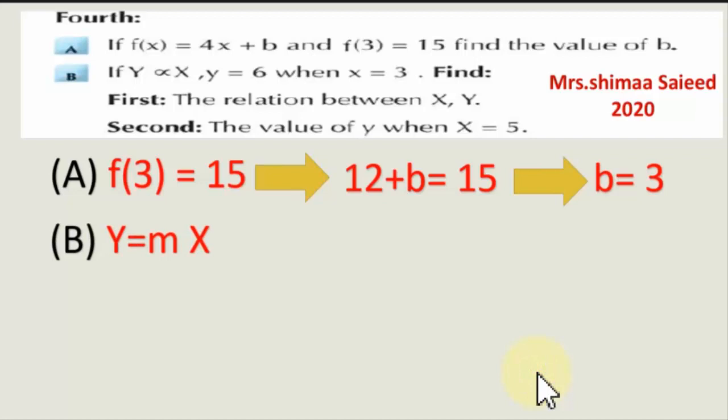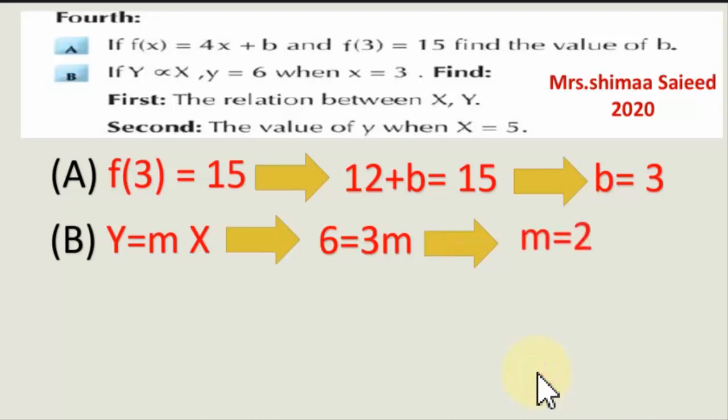Secondly, if y is directly proportional to x, as you see, y equals 6 and x equals 3, so y equals m times x, 6 equals 3m, m equals 6 over 3, which is 2.